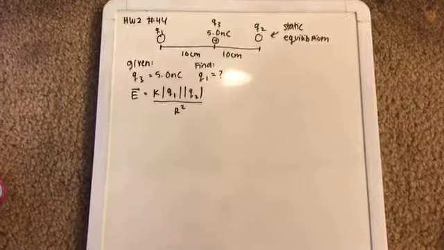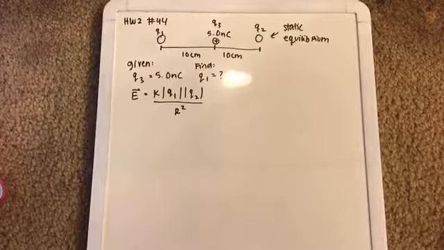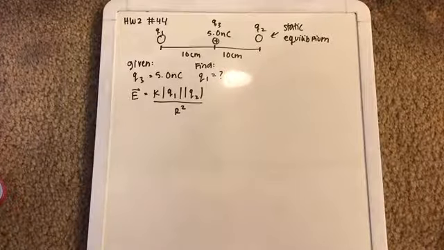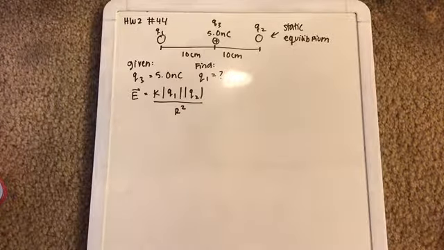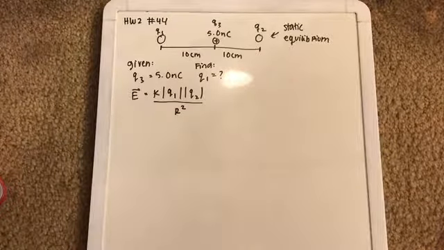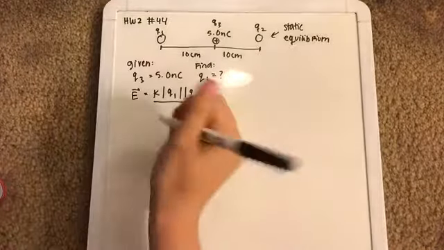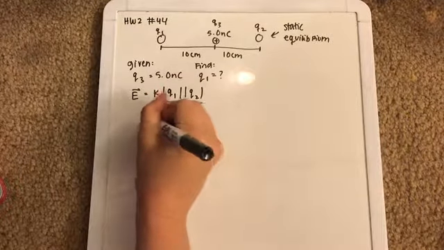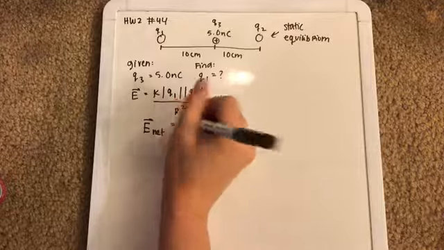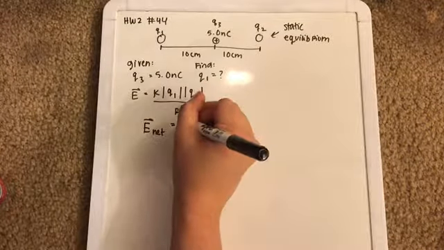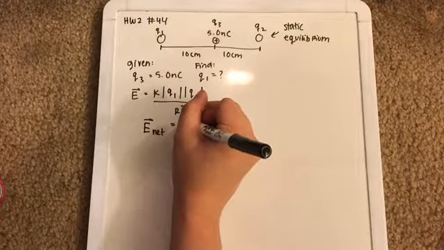So, alright, since we know that Q2 is in static equilibrium, we know that the fields from charges Q1 and Q3 acting on Q2 are going to equal 0. So the net electric field is going to equal 0.